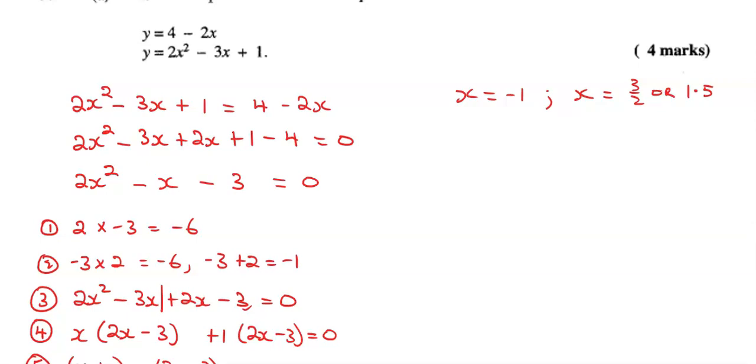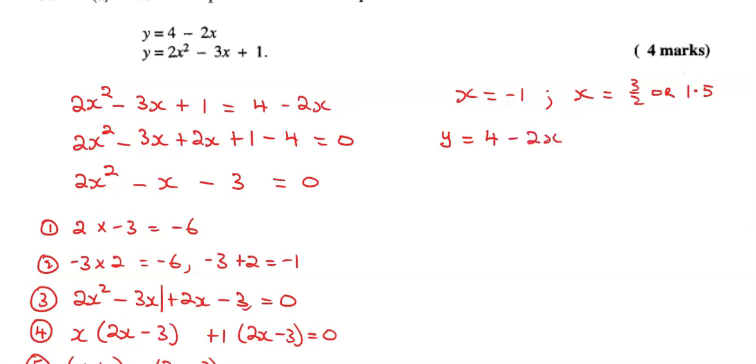We're going to substitute each x coordinate into the easiest equation, that is going to be the linear. Now of course you could plug it into the quadratic, but we're going for the easier route. So guys, equation 1 is exactly what we're going to plug those coordinates in. Equation 1 is y equals 4 minus 2x.